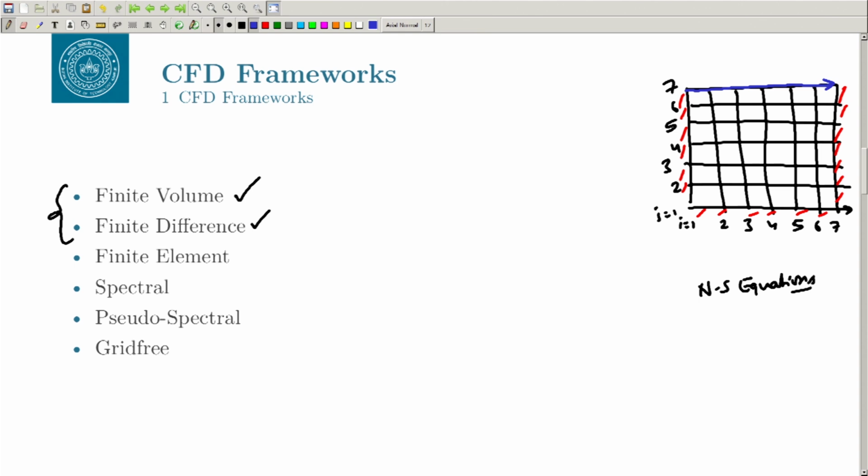Now, let us say I tell you that okay, my cavity is not like this, but let us say I have a triangular cavity. Okay. So, let us say I have a cavity which is like this, okay, or even more complicated, right. Here this lid is moving. Okay.